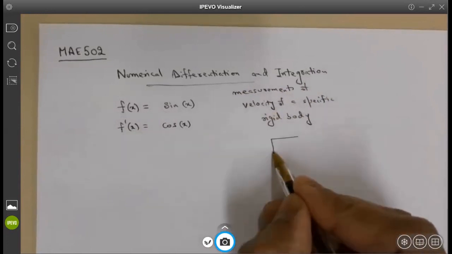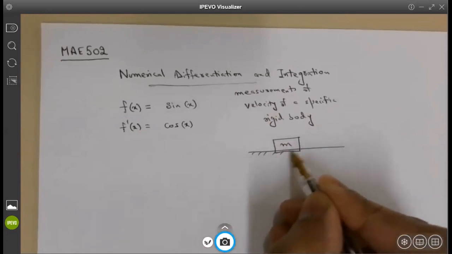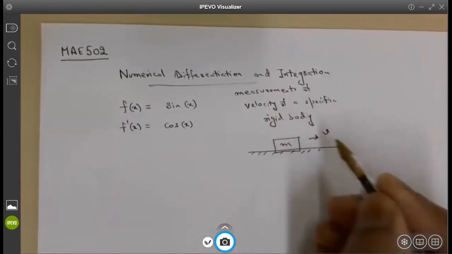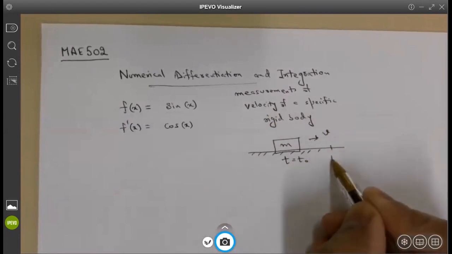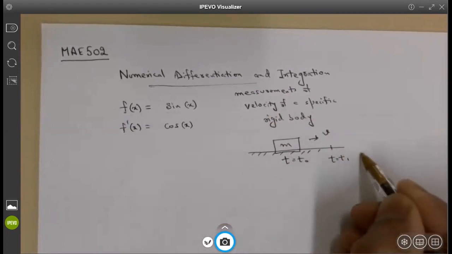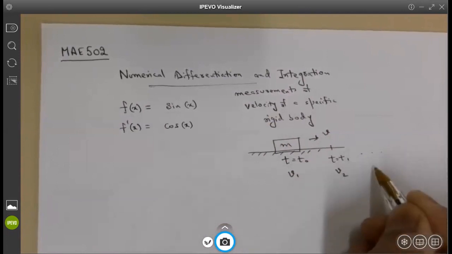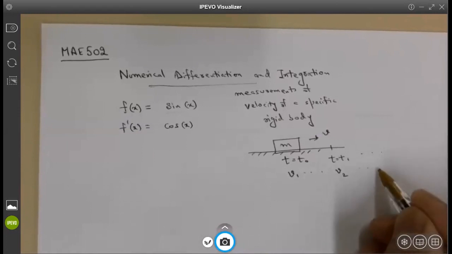For example, if a rigid body is a block of mass m lying on a specific floor, which may be friction or frictionless, and it is moving at a specific velocity, then at time t equals t naught, then at time t equals t1 seconds, and so on and so forth, you will get the measurements of the velocity by the sensors and instrumentation that you have.